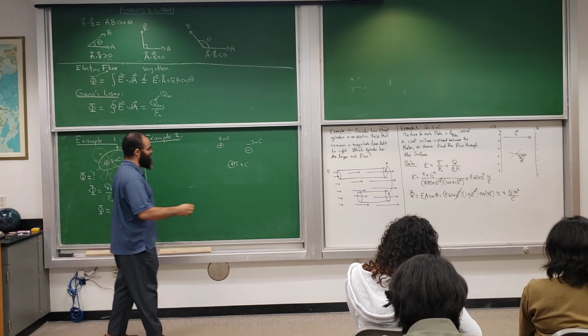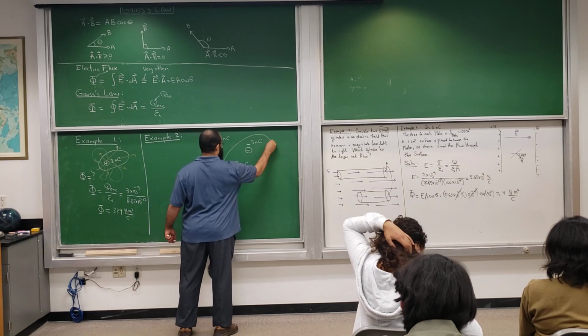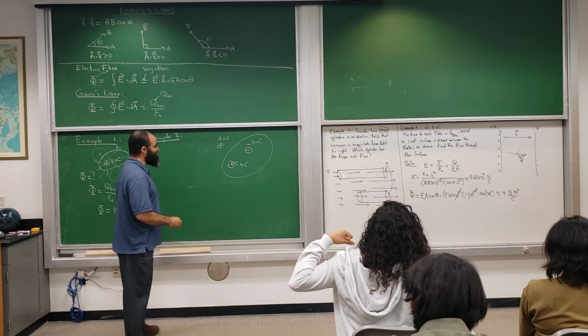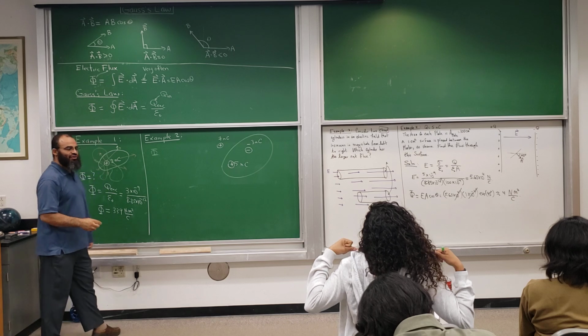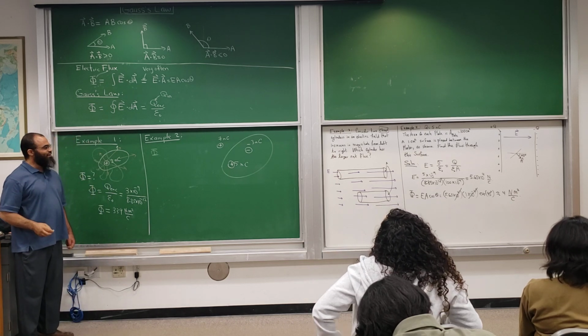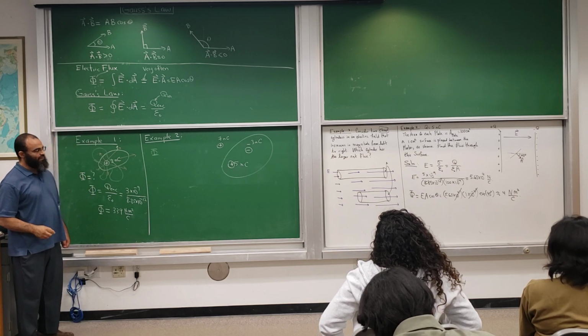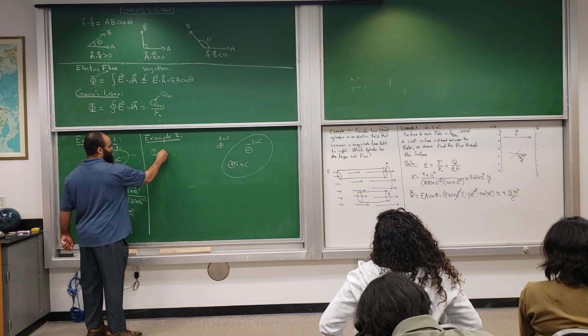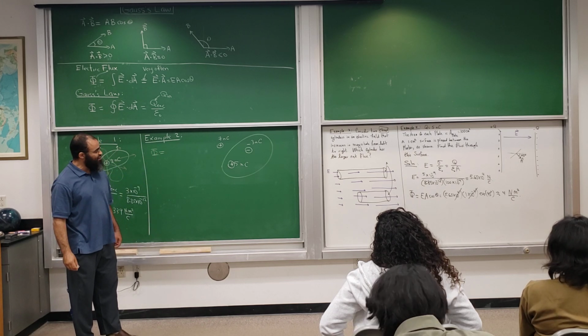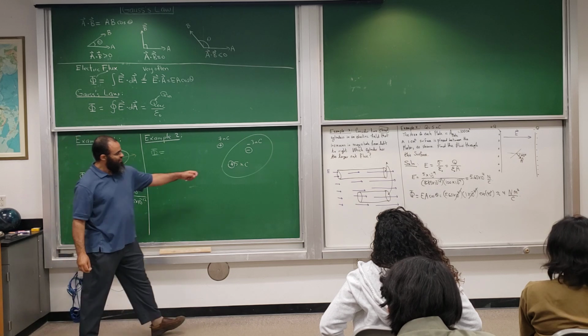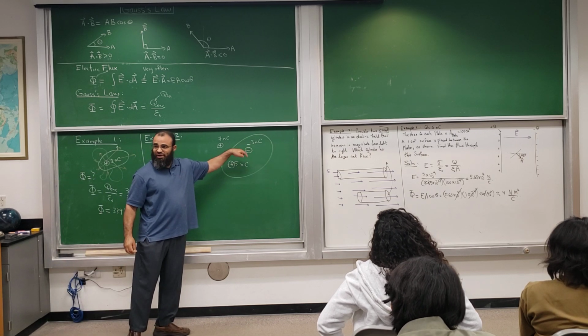Here's the first surface. This one. What's the flux through that first surface? The green surface, okay? So I'm going to write it with green. What's the flux through this one? So it would be the charge enclosed within this surface. How much charge does it enclose? A net of positive 2, right?